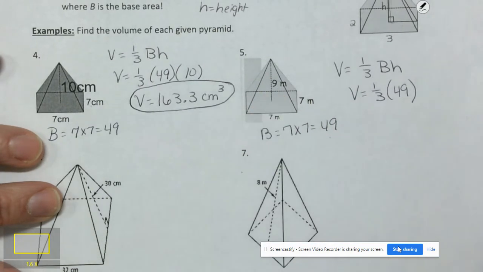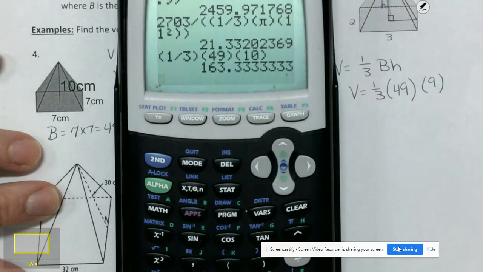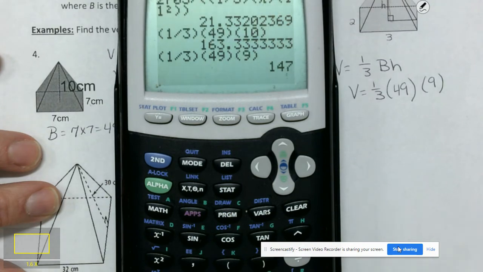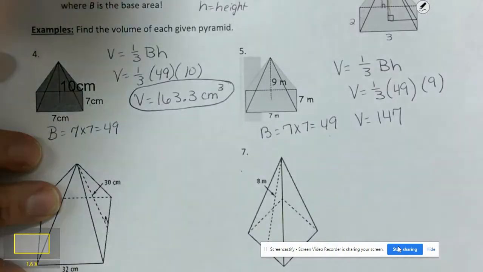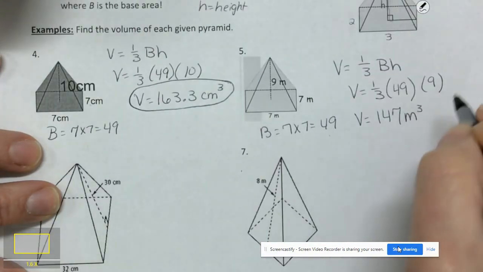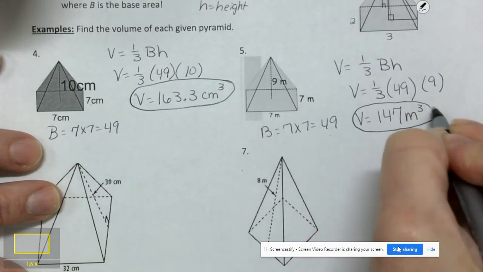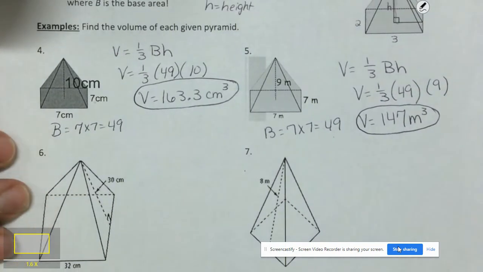The height is given to you. It is 9. So let's key that in and see what we get. 1/3 times 49 times 9. Okay, we get 147, and this time it is meters cubed. So our answer here is V equals 147 meters cubed.